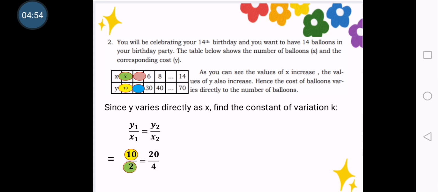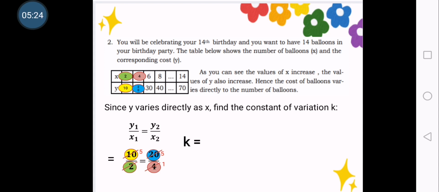Ayan. And then, gagastos ka naman daw ng 20 pesos kung ikaw ay mayroong 4 na balloons. So, ang kailangan daw po nating malaman yung constant or ano ba yung magiging pagitan ng bawat balloons at magkano ang iyong gagastusin. So, reduce lang po natin. 20 divided by 4 is 5. 10 divided by 2 is 5.